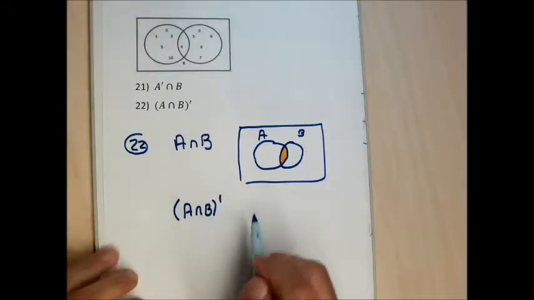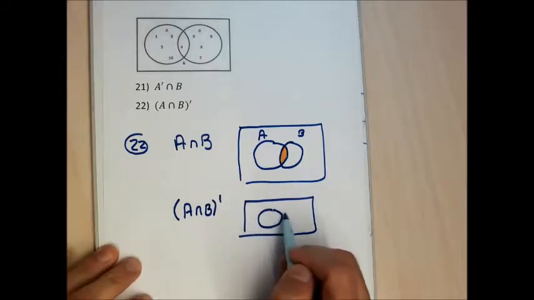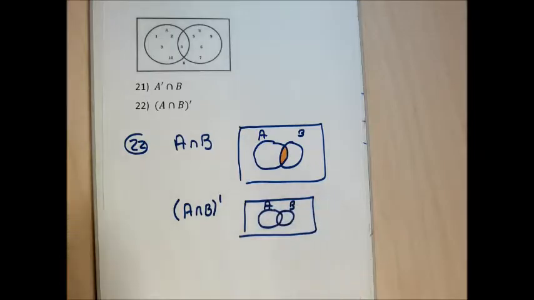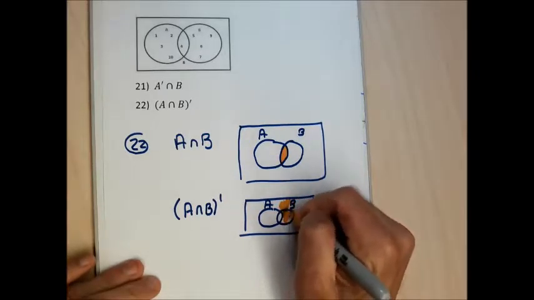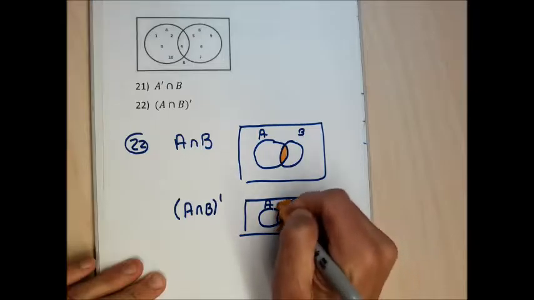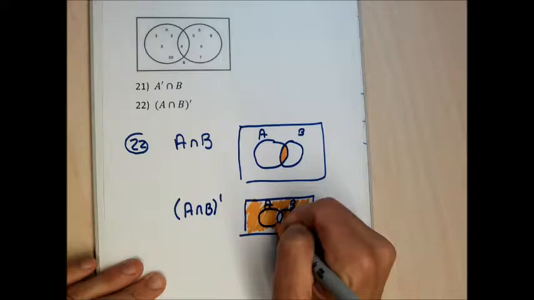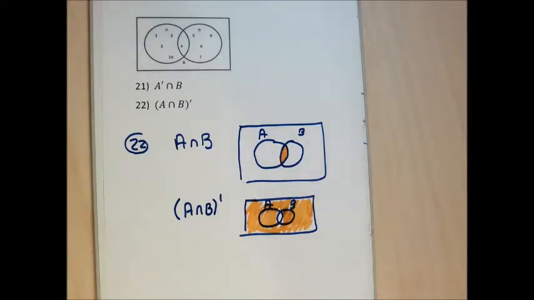The complement of that is going to have the region that I have darkened white and everything else colored. So the set that I'm trying to figure out has one little white sliver in it. So there's a picture of A intersection B complement.